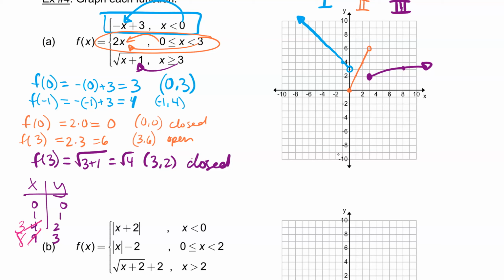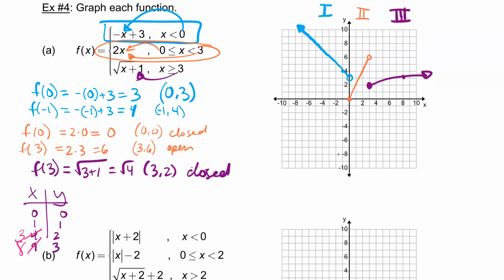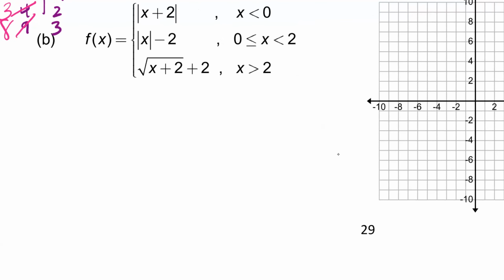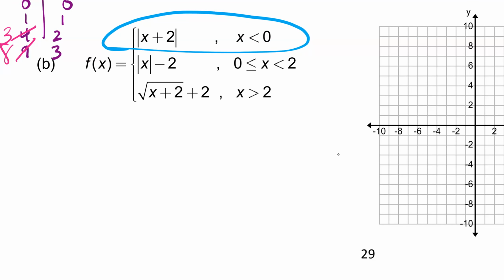Okay, so now we're going to deal with a piecewise where it's really only absolute value and square roots. So it's a little harder than what we've been doing. Okay, so I'm going to keep the same colors as last time. So first, I'm going to deal with the first interval. I was color coding the different ones. So the first one, I have absolute value of x plus 2, and this is when x is less than 0.